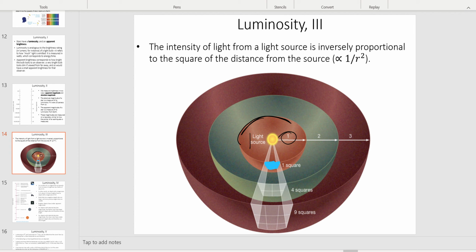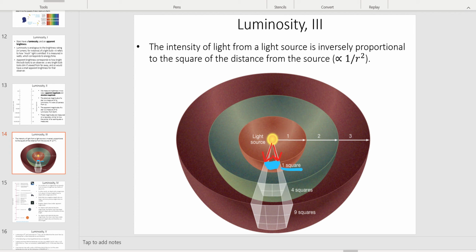And that light collecting device has an area of 1 square. So whatever light comes from this star and passes through our light collecting device, let's say it's an eye, is light we will see. If there's light, which there is, that is emitted on the other side, we won't see that. It's emitted, but it's being emitted towards some other planet, so we don't even observe it.